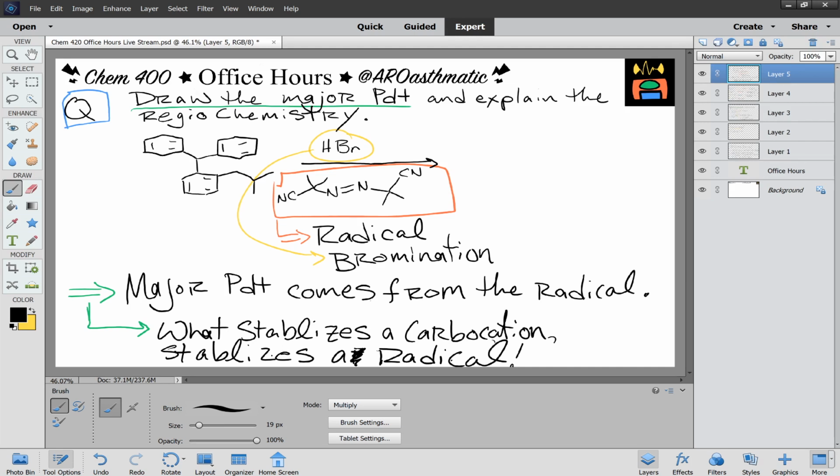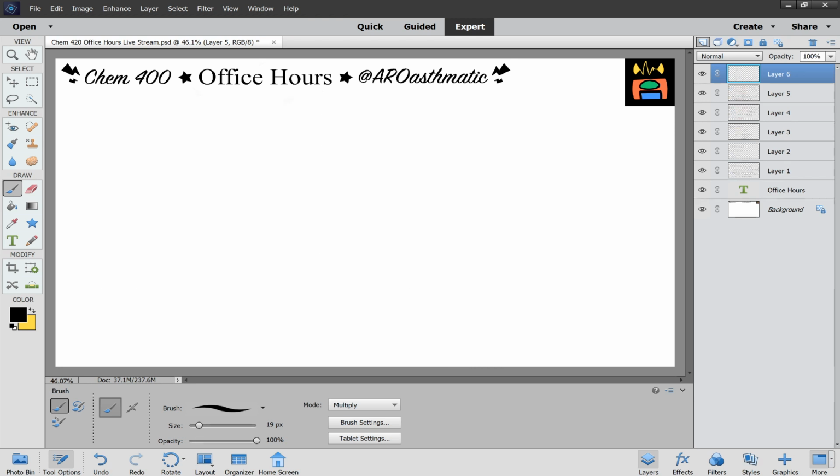Hyperconjugation through more substitution: secondary is more stable than primary, and tertiary is more stable than secondary. But the big thing to look for when you're looking for radical stabilization is resonance.